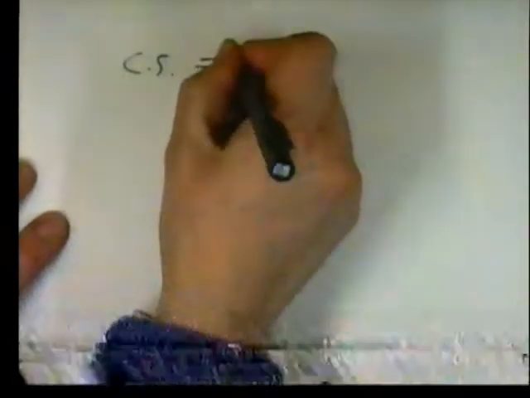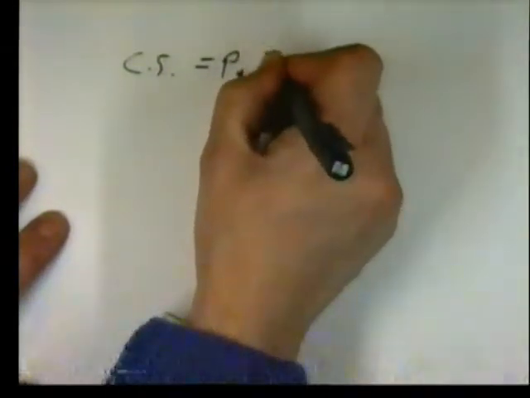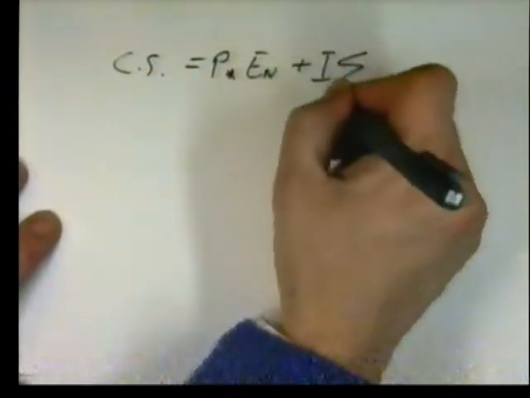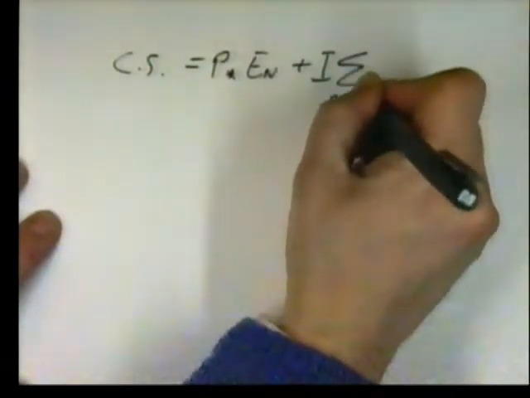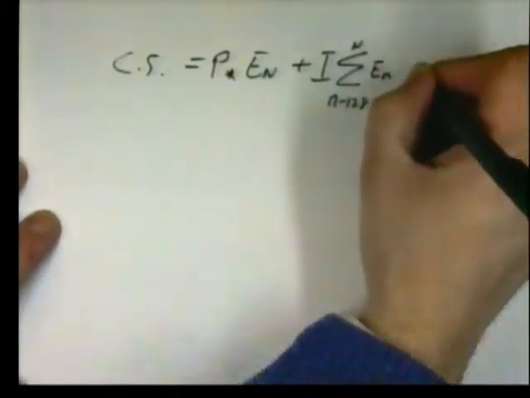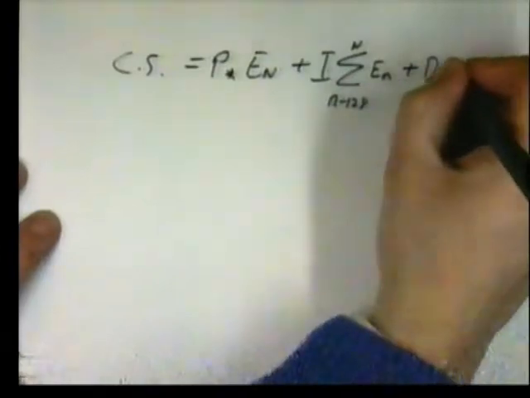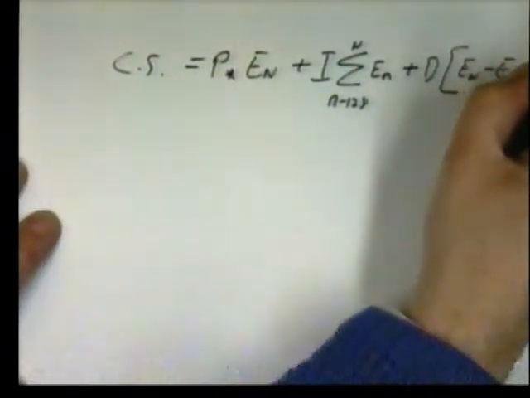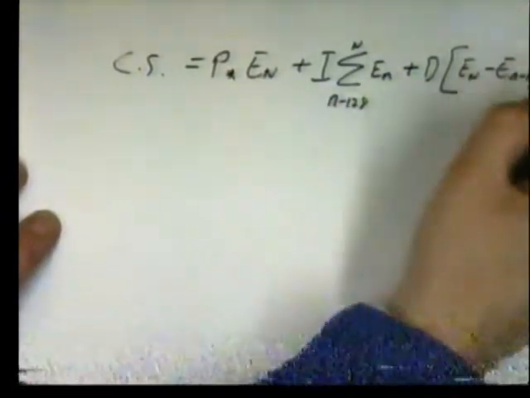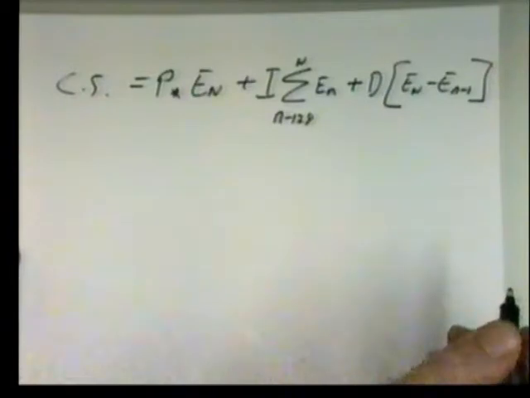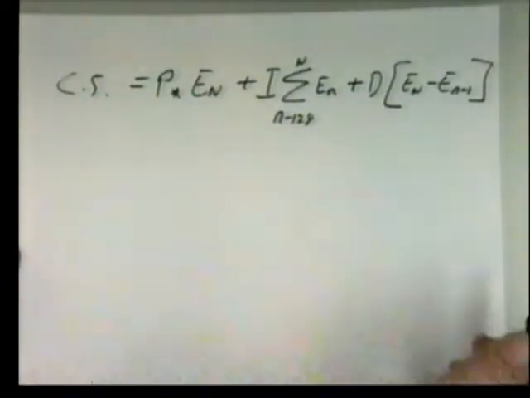Control signal: proportional times error e(n), plus the integral, sigma n minus 128 to n, that's the sum of the last 128 samples, plus a derivative term, e(n) minus e(n-1). There is the difference between the last two samples from our array.